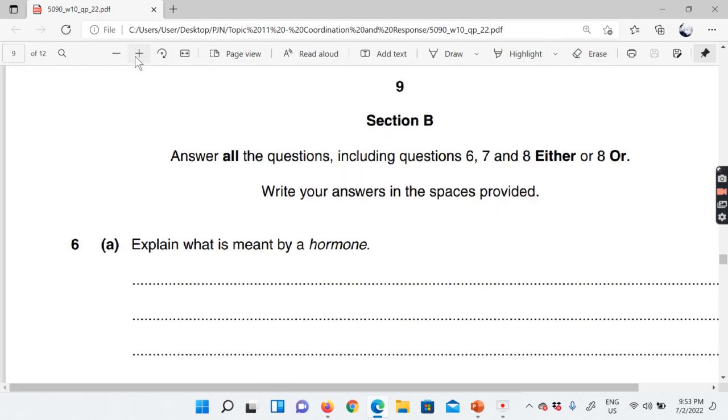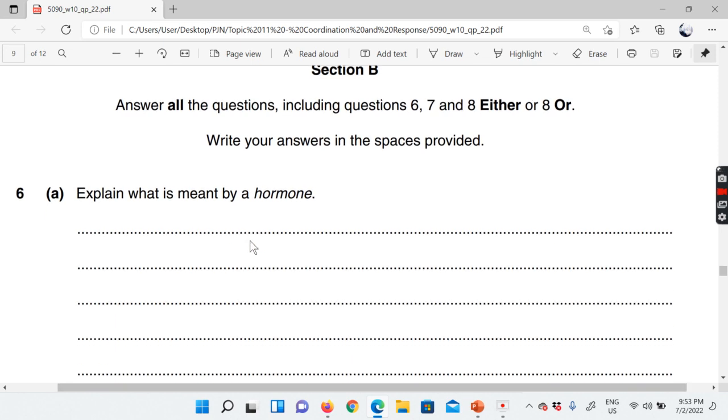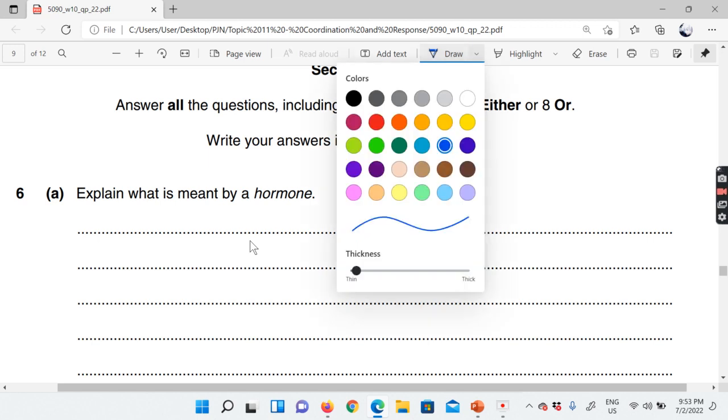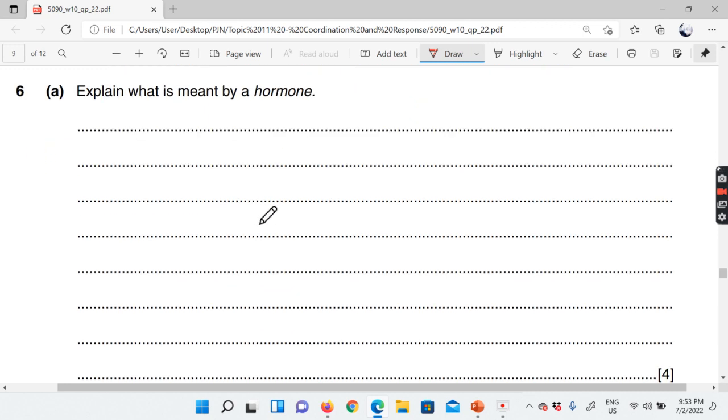Okay, so let's go and answer the questions together now. Alright, so this is the first question, which is to explain what is meant by hormone. So this one is what I meant about having an exam question asking you to define a hormone. So if you memorized the definition that we have recapped for today, then that'll be pretty good.